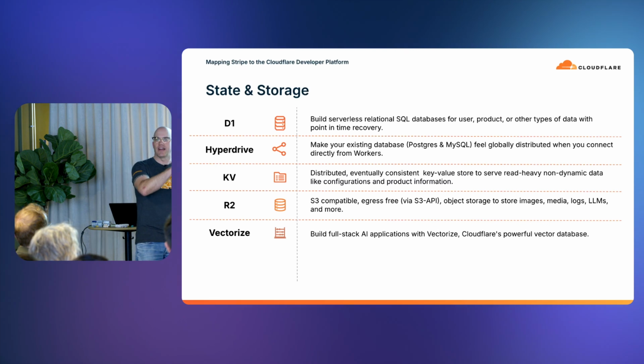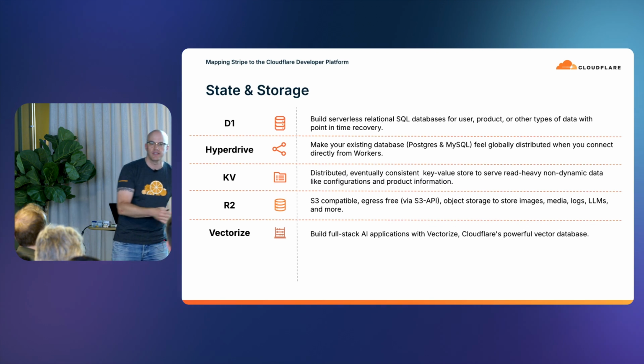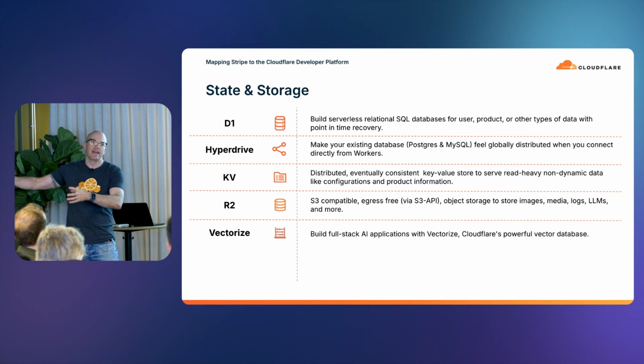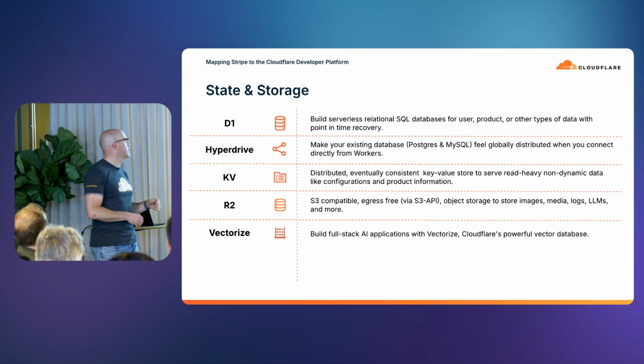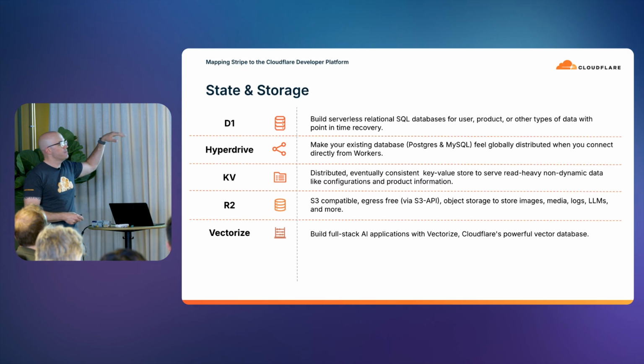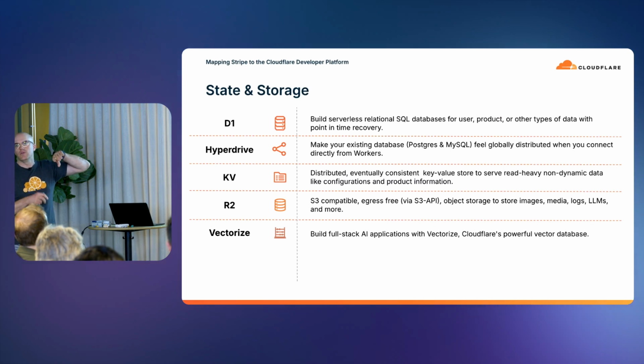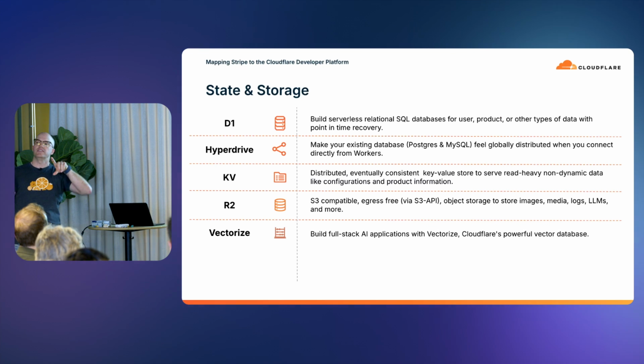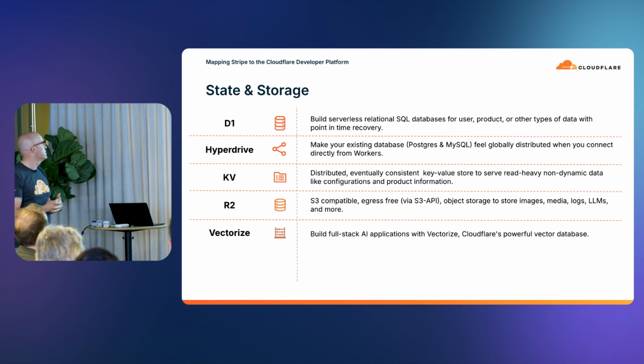Try us out, interact with it from there. You may find that you leave everything in your e-commerce system where it is, but you can enhance it with some side app over here with us. It's a great way to get started. And Hyperdrive allows you to make those connections from your workers where you wouldn't otherwise be able to do it because TCP connection times going back and forth take forever. We handle the connection pooling. And then of course, vector database there at the bottom.